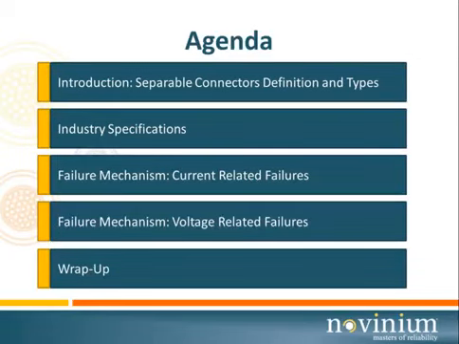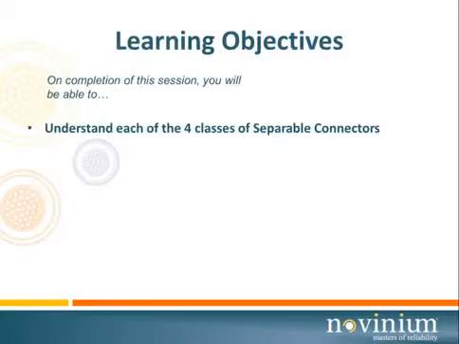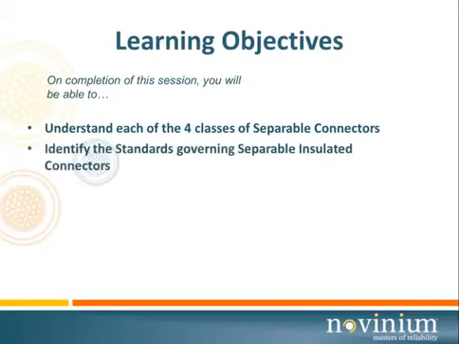Hopefully, when we're done today, you will be able to understand the three classes of separable connectors that are currently in the IEEE 386 standard. That's the 2006 version of IEEE 386. Now there is a fourth class, that's why I mentioned 4 classes up here. In the next revision of IEEE 386, we expect to have another class of separable connector, which we're going to go through today.